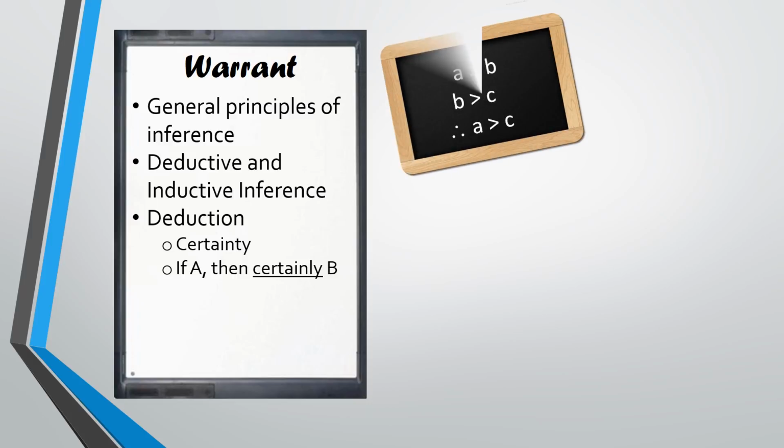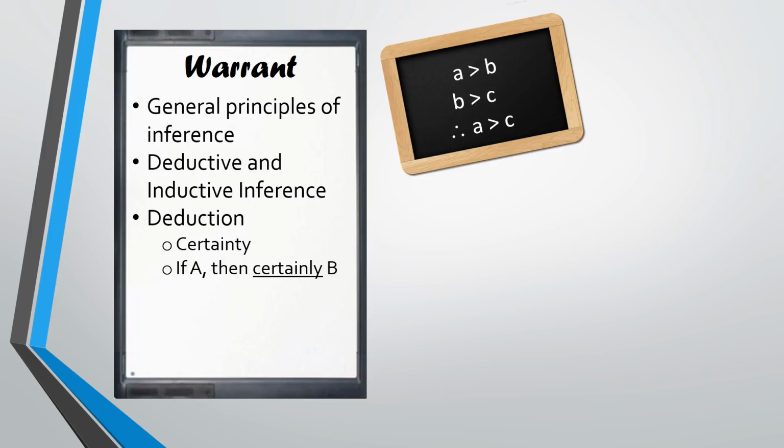If it is true that A is greater than B, and it's true that B is greater than C, then it is certain, with no room for doubt, that A is greater than C. No matter what A, B, and C are, if the first two statements are true, the third one has to be true. It's impossible for A to be greater than B and B greater than C, but for A to be less than or equal to C.